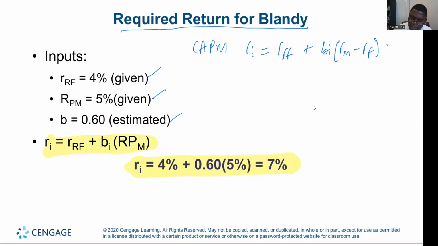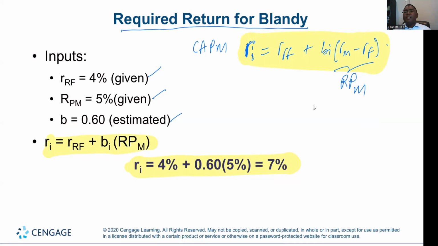So this is really the capital asset pricing model. This is how we calculate CAPM. Just as I said, we can have all of this, or we can say this is the risk premium of the market. This CAPM tells us how we calculate the required return of a company.